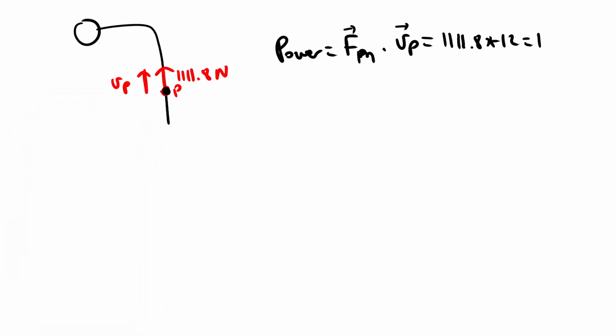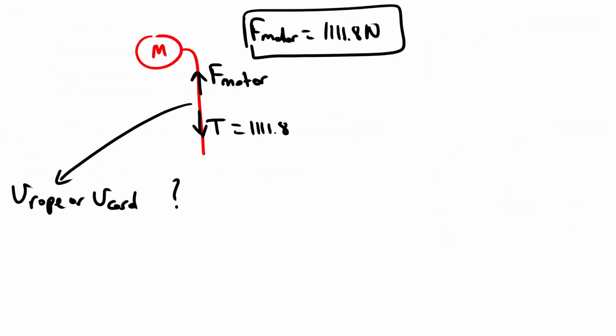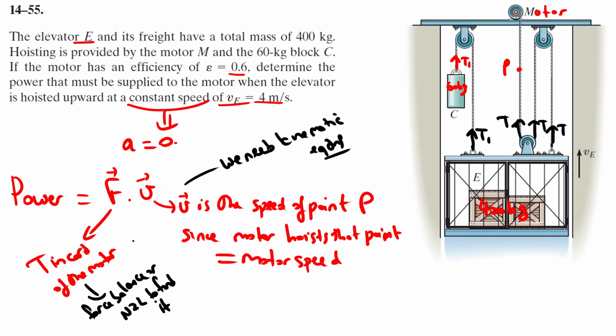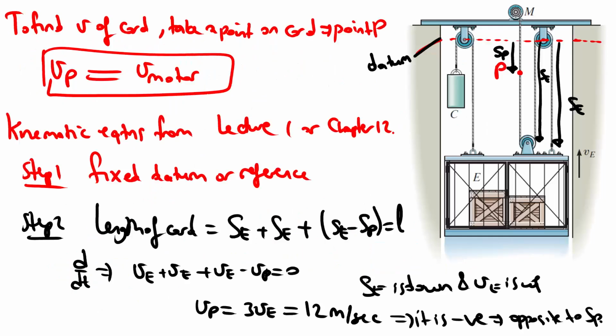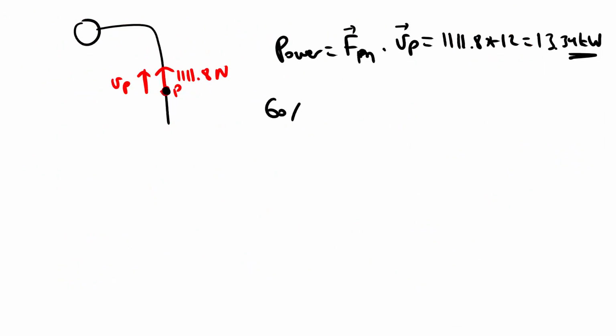13.34 kilowatts. Then the question says that the efficiency is 60%. So 60% of the supplied electric power is 13.34 kilowatts.